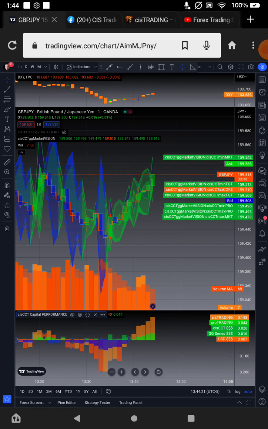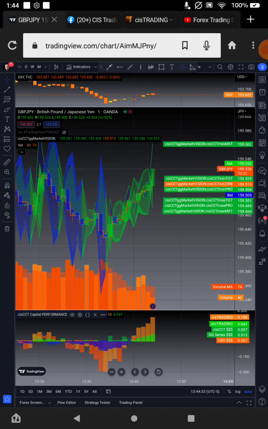We're at about a 3 pip spread as the price begins to move up on this move, about a 3 pip spread to a disadvantage, a huge disadvantage on the bid.